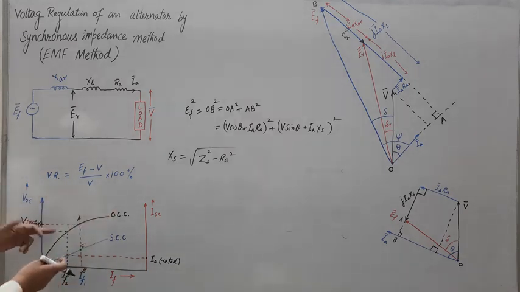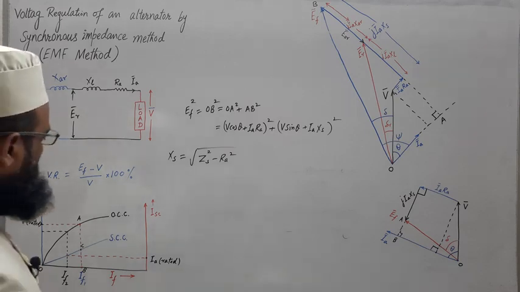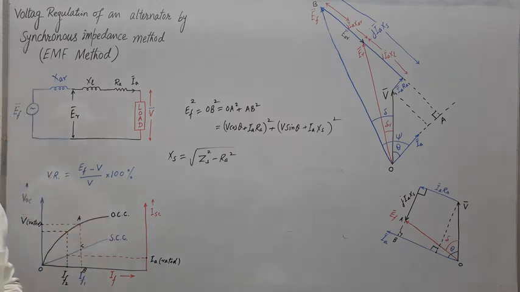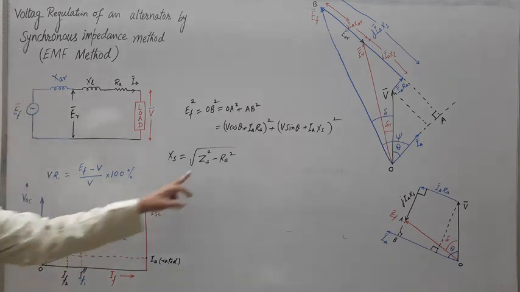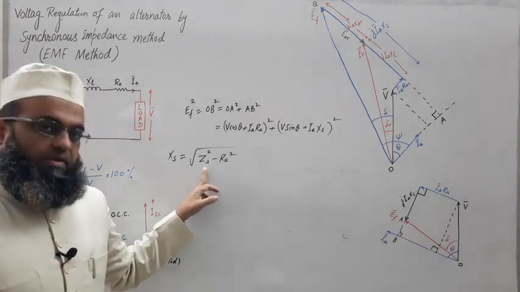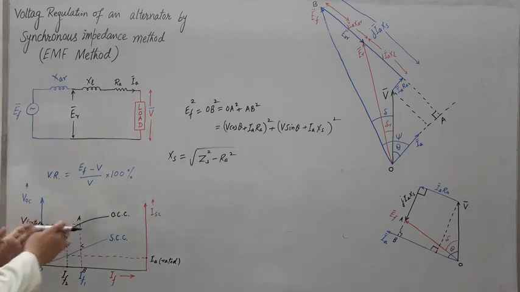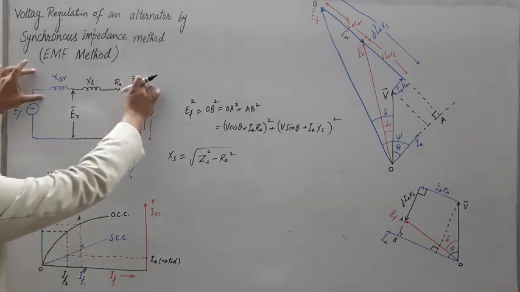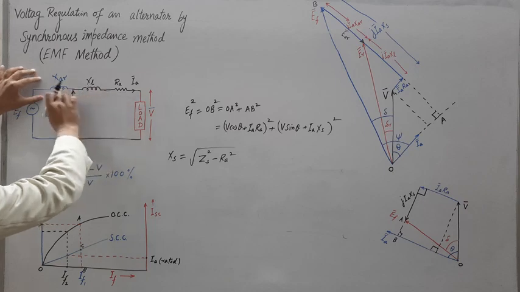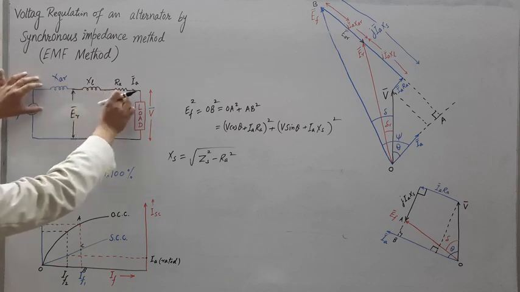So taking the ratio of open circuit voltage to the short circuit current for a particular field current from the two characteristics, we may get ZS, but that ZS will be higher than the actual one, because this ZS will be the unsaturated synchronous impedance, and this drop is nothing but IA ZS. See, RA plus jXS will give you ZS.